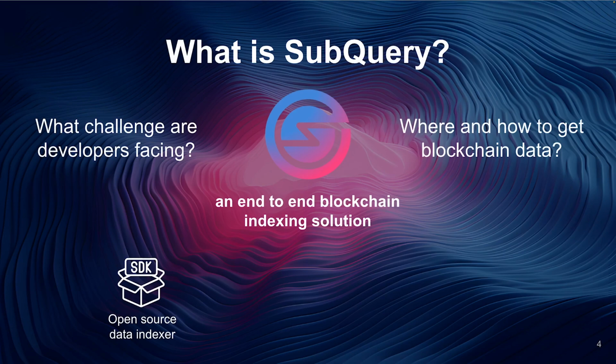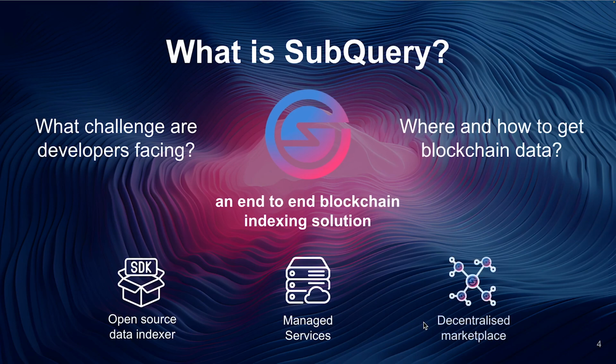For example, Google Cloud, AWS, or even SubQuery's own managed service solution. The third option that SubQuery offers is a decentralized marketplace where projects can actually be given to indexers who can then run it on their infrastructure and then serve the data to consumers who can then query for the data to run or power their own applications.